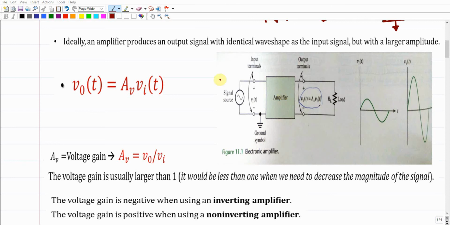So assume that this is the input signal. This signal could be a current or a voltage. In this case, we are assuming there is an input voltage signal delivered through the amplifier and it becomes the output. The output here could be a machine, a lamp, anything, even another electrical circuit.